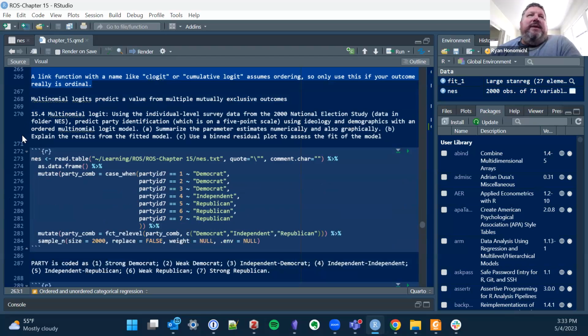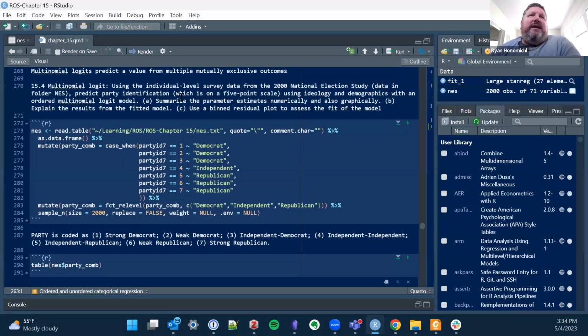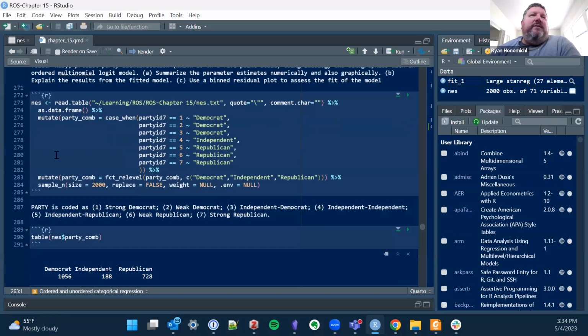Basically this was example 15.4. This is the 2000 National Election Study, where the original study says it was about 37,000 people. I didn't get to the binned regression thing, but one thing I should say is that they originally had 7 categories: strong, weak, and independent-leaning for Democrats and Republicans, and in the middle just independent.